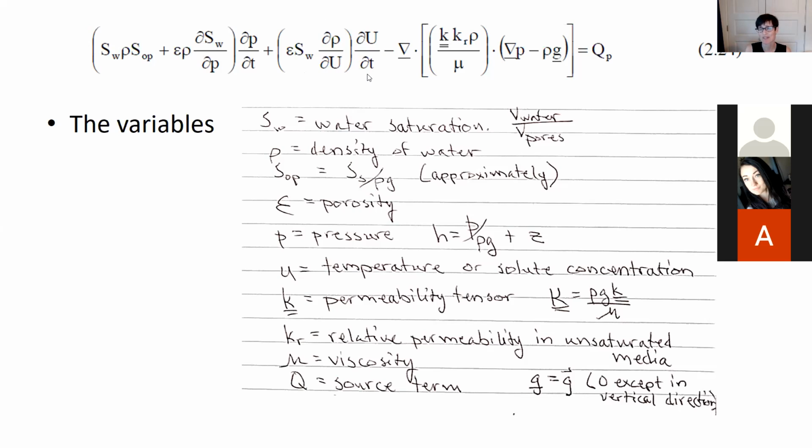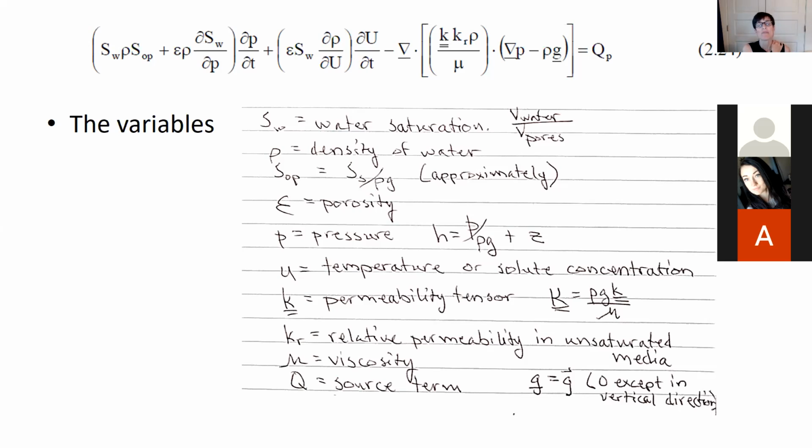If you're transporting something that doesn't affect the density of groundwater, you just make this 0 and this term goes away. But if you're transporting heat or salinity, then this is non-zero and you keep this term. So this is another reason this equation is awful: it's coupled to another equation. That's why it isn't as simple as the groundwater flow equation we've been using. We can add that to another list of reasons this equation seems awful. Oh, it's coupled, I have to deal with coupling.